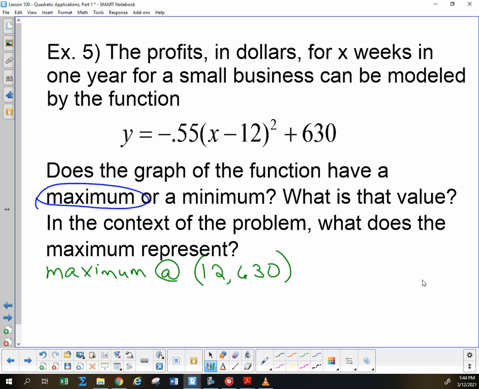We are asked, what does that mean in the context of this problem? So that's when we have to stop and think about, well, what are these variables? So the profits in dollars for X weeks. So our X's are weeks.